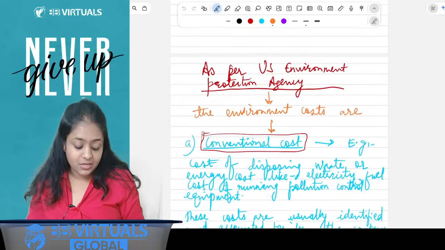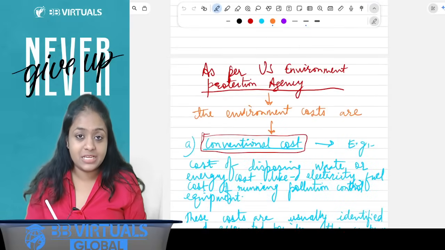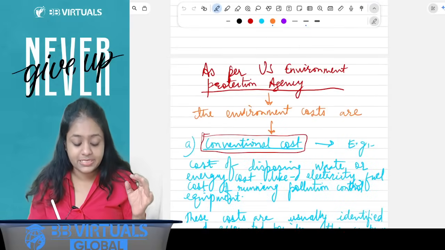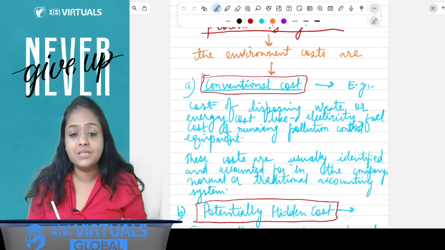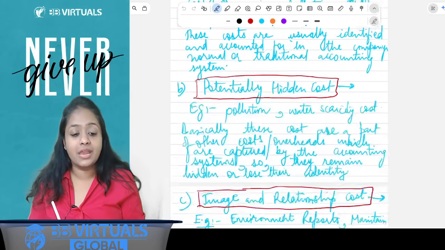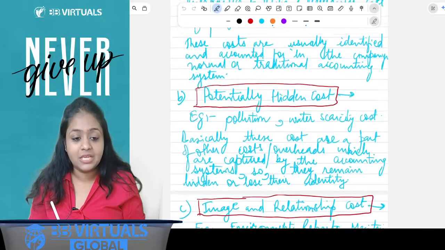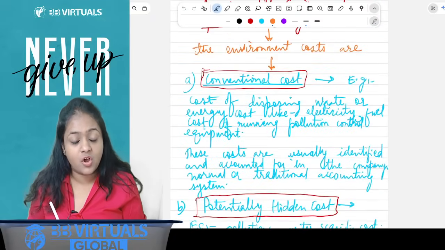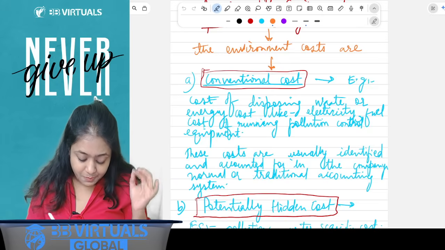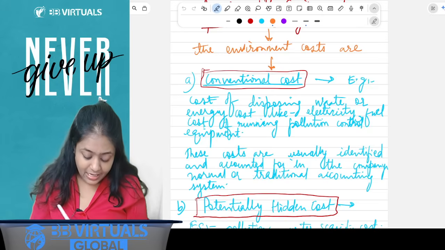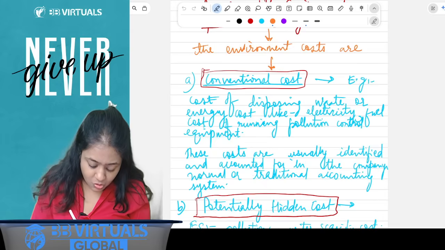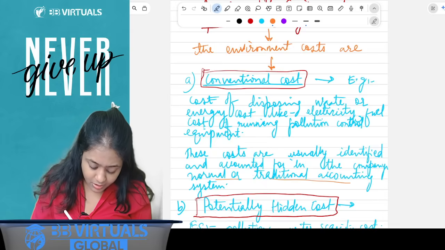Next are the environmental cost categories suggested by the US Environmental Protection Agency. As per this, the environmental costs are again divided into four categories. First is the conventional cost. These are the costs which are usually identified and accounted for in the company's normal or traditional accounting system.